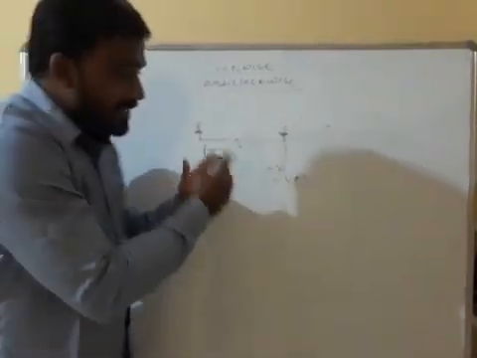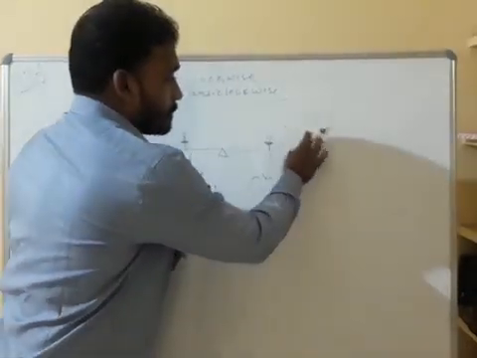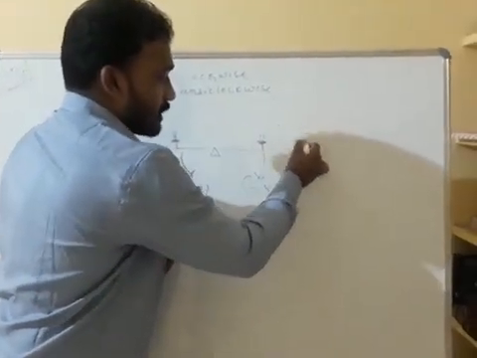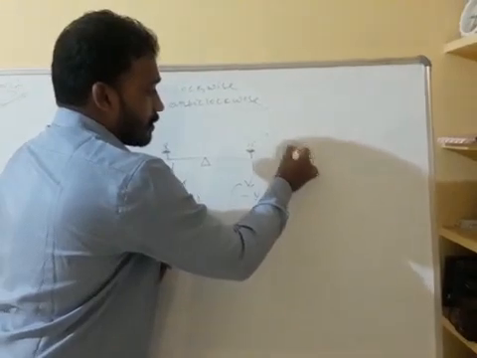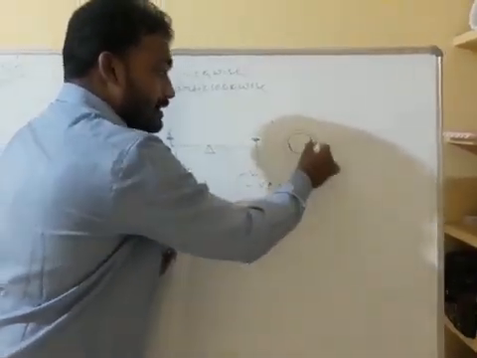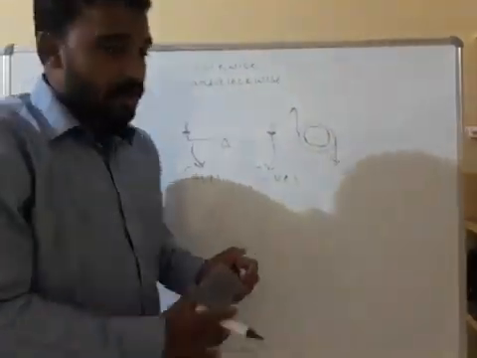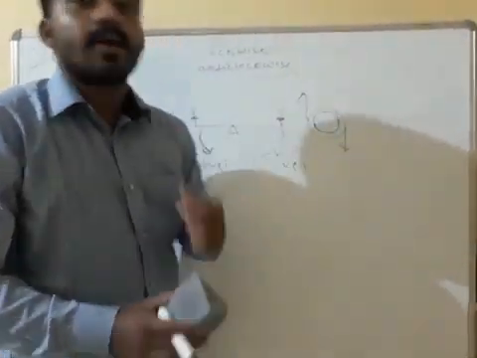When something is rotating, suppose you take the steering wheel of a car. This part will move this side and another part will move the other side. This is called moment of couple.